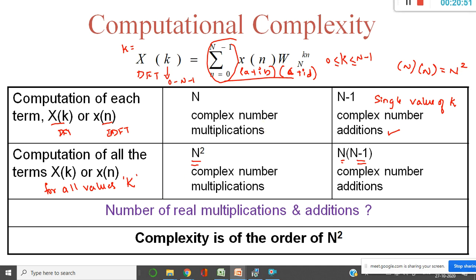Now how many real multiplications and real additions are present here? What do you mean by real multiplications? Real numbers: you have the sequence x of n into W_N to the power of kn, where x of n is xr of n plus j times xi of n.